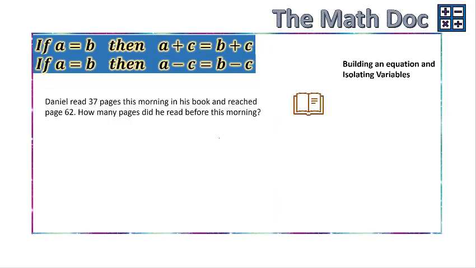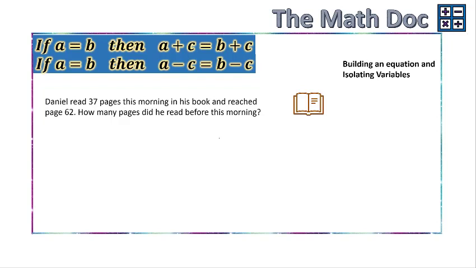Our next word problem will be similar, and we're going to do the same thing. We're going to carefully build an equation, and then we will solve it by isolating our variable. So let's read it. Daniel read 37 pages this morning in his book and reached page 62. So we know he read 37 pages.